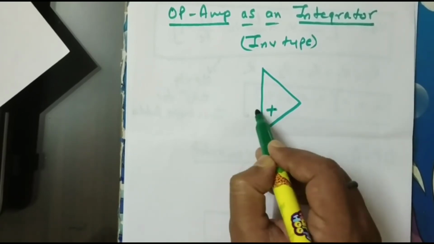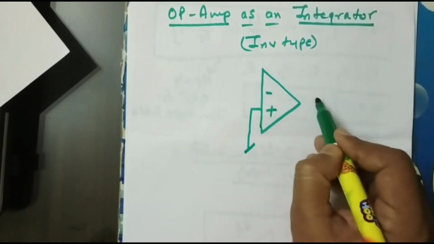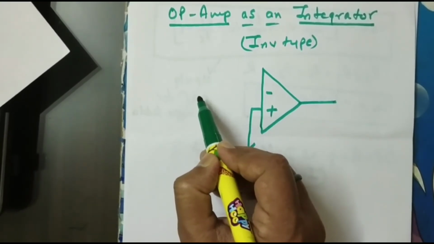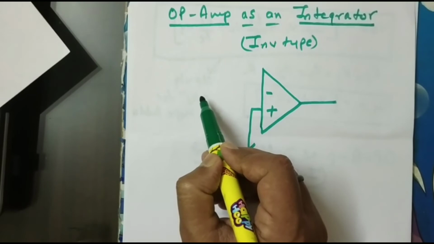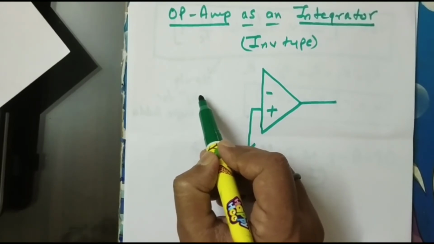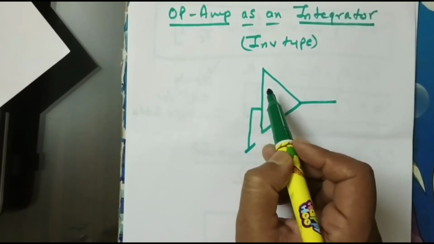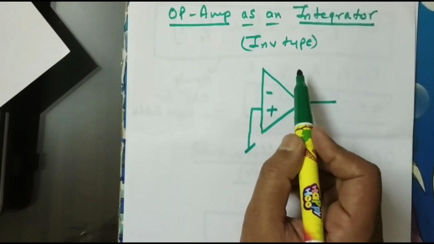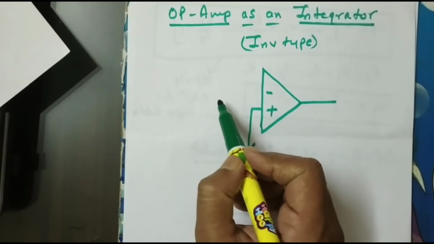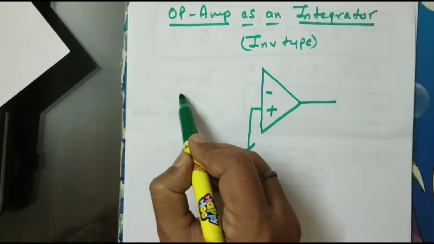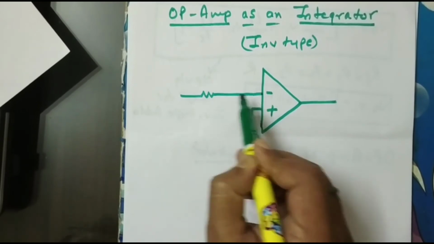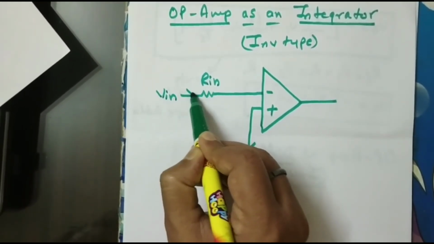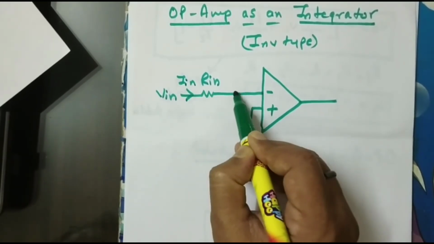As it is an inverting type, the non-inverting terminal is grounded, and now we just simply interchange the components C and RF. In the differentiator the resistance is connected in feedback and the capacitor is connected at the input. Now the resistance is connected at the input and it becomes Rin, Vin, and the current flowing through is Iin.